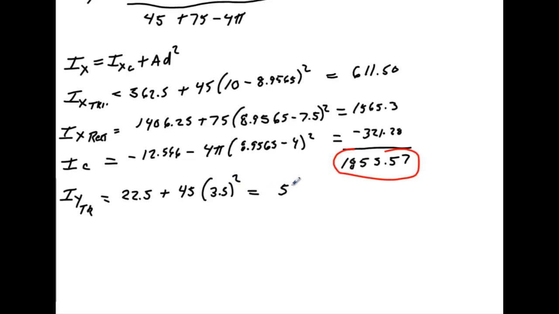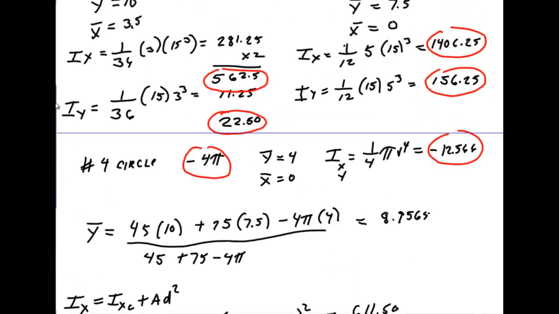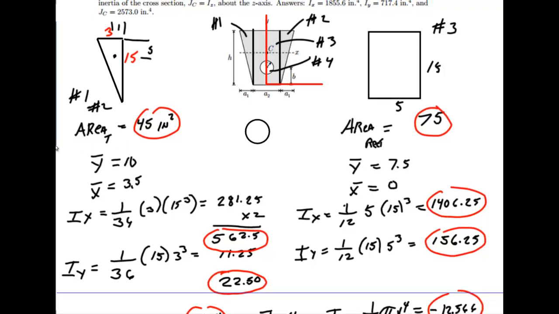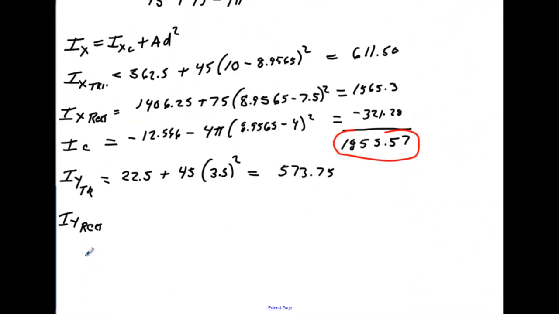That gives you 573.75. Now Iy for the rectangle, you have no d because the centroids line up. And what I mean by that is this. Along this axis, there's no distance this way between the centroid of this and this line. It's a 0. Same way with the circle. That's why I like to do that. It makes things much, much easier.